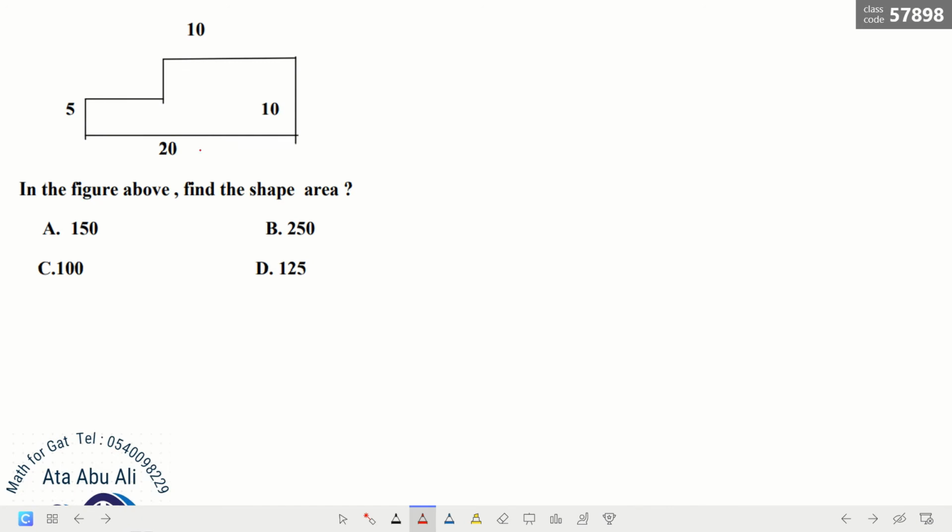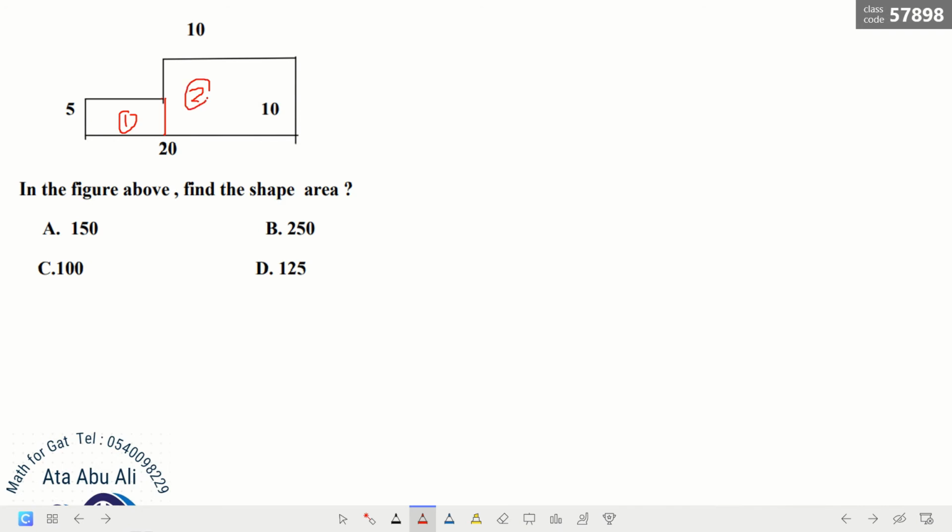Now, coming to this one, we start with the polygons now. In the figure above, find the shape's area. I have a composite figure, so you can divide it into two rectangles. If I make a partition like this, I have one here and the second is here.